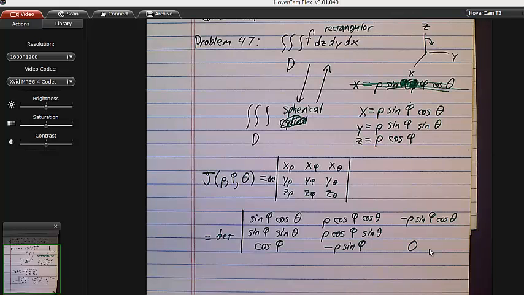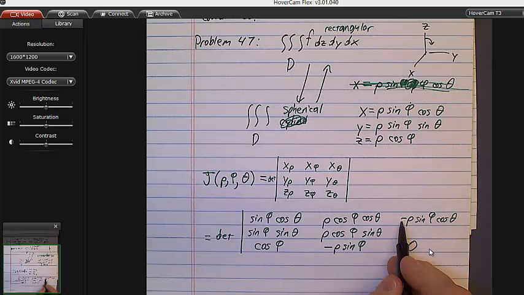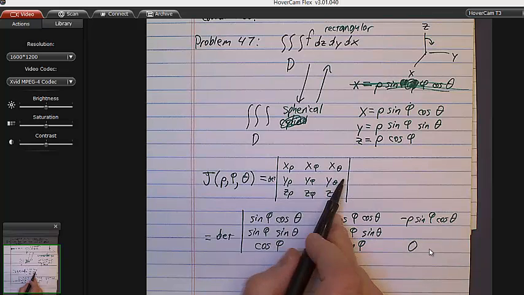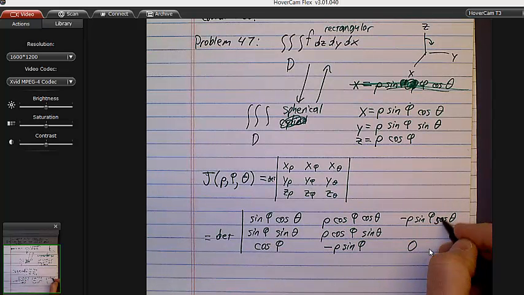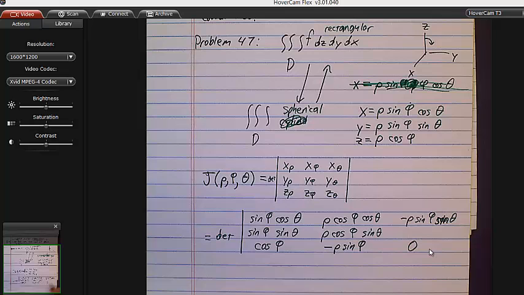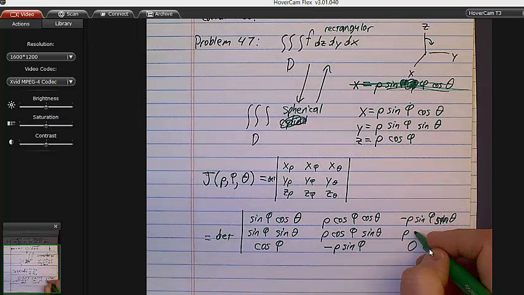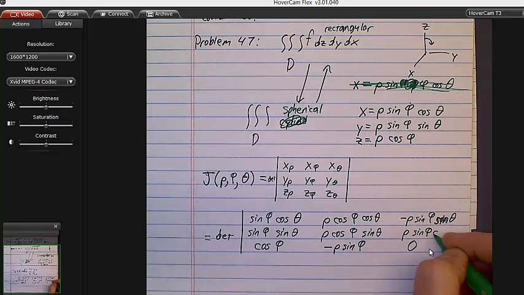Nope, made a mistake. I caught it though. That negative was correct. But what was I taking the derivative with respect to? Theta. So this became sine of theta. And then the next one should be positive rho sine phi, which becomes a cosine theta.